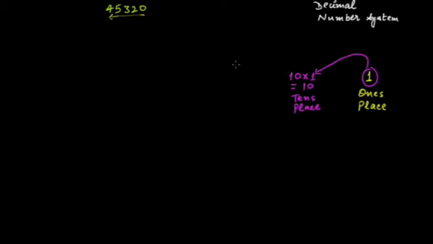The next place has a value of 10 multiplied by the value of the previous place, that is 10 multiplied by 10. This becomes 100, and therefore it is hundreds place.